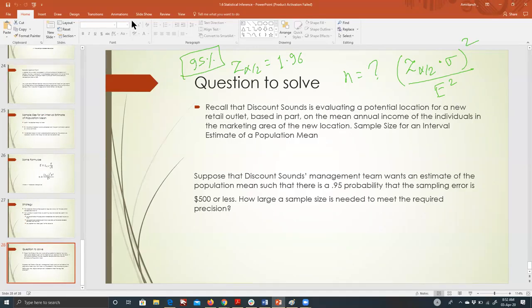How much? Sorry, can you repeat? 312. What was the exact value? Can you tell me? 311.1696. Okay, good, very good. So now the problem is, if you're trying to determine sample size, you cannot have decimals, okay? So basically n has to be greater than or equal to 312.